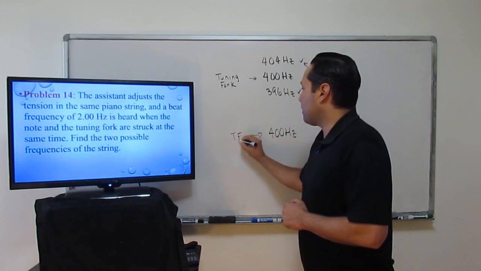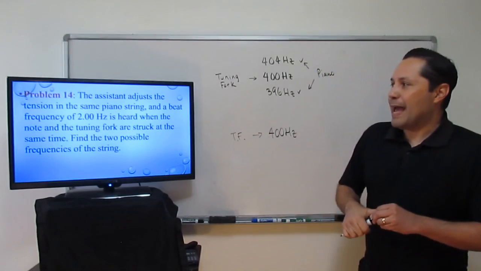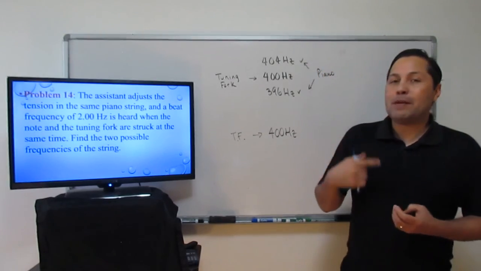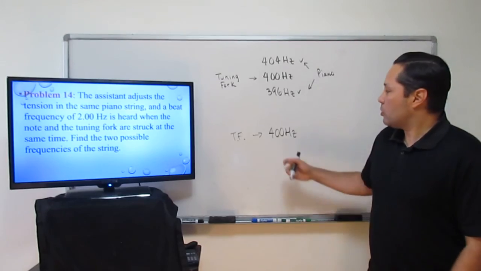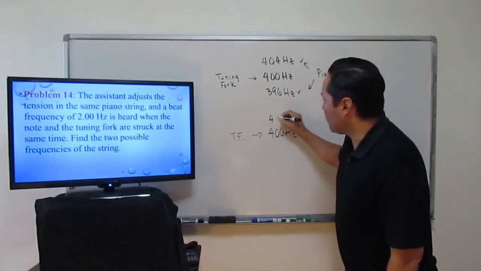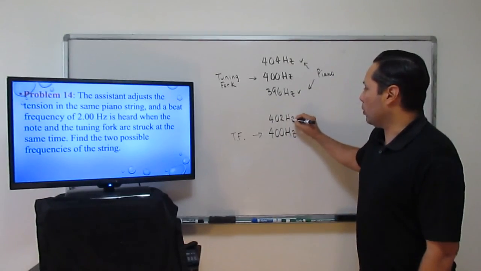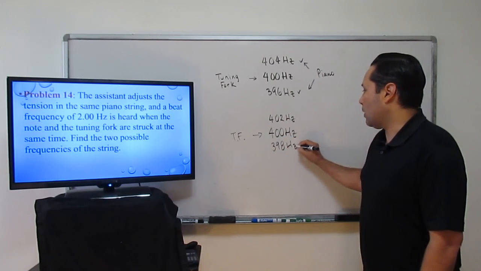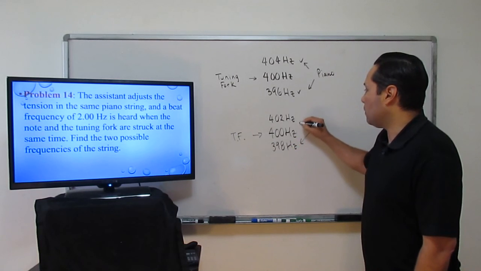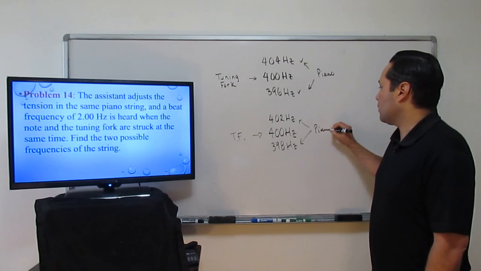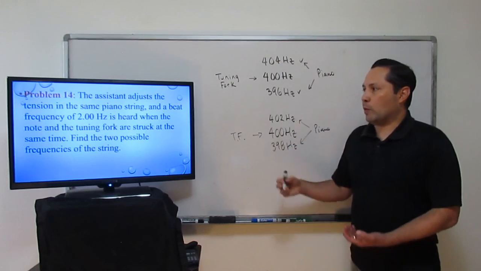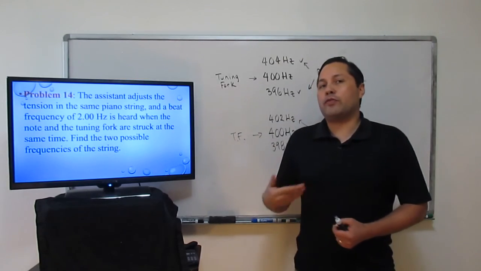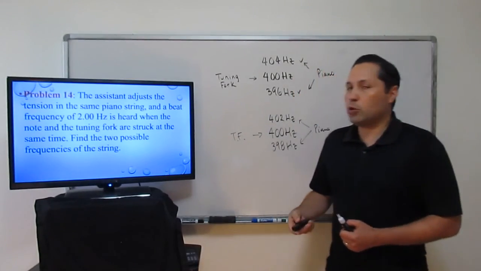Now we have a beat of 2 hertz. So the piano is either at 402 hertz or at 398 hertz. It's either 2 above or 2 below, since we got beats of 2 hertz, or 2 beats per second.